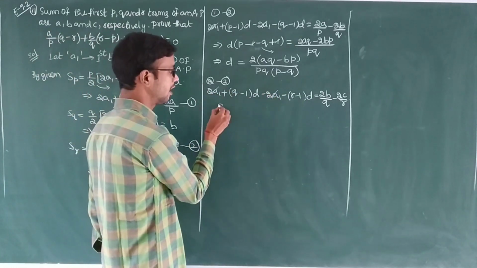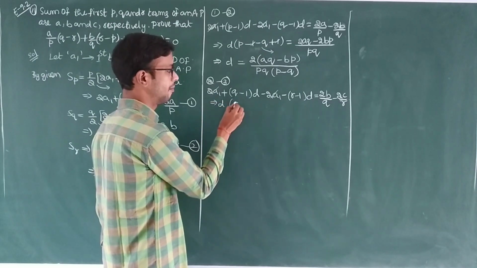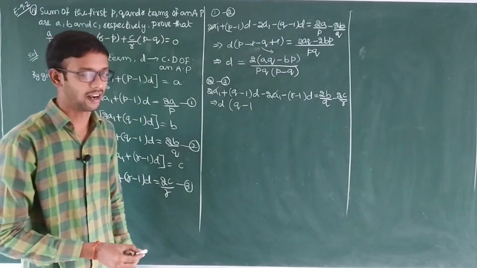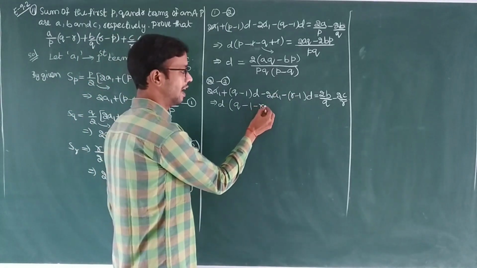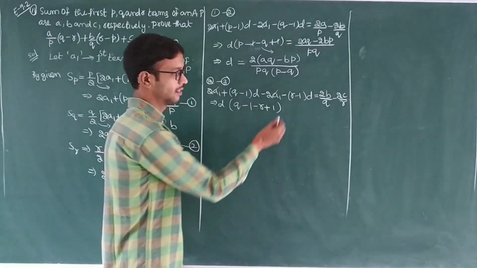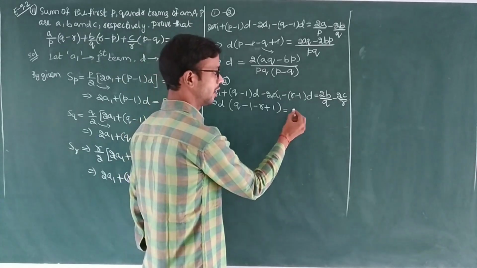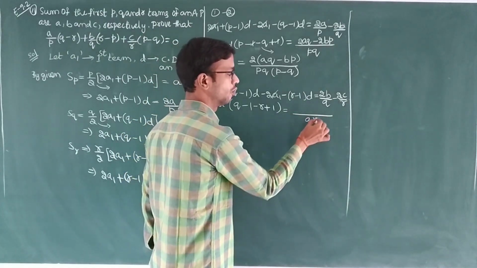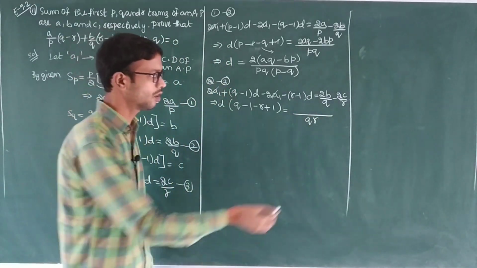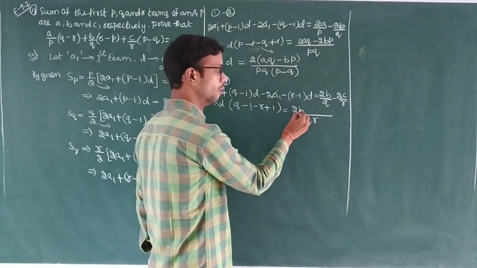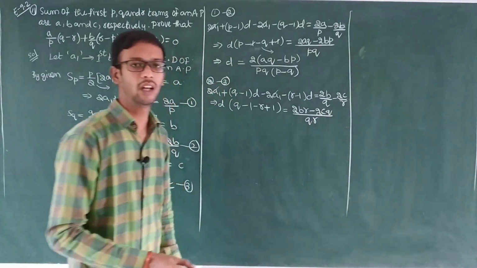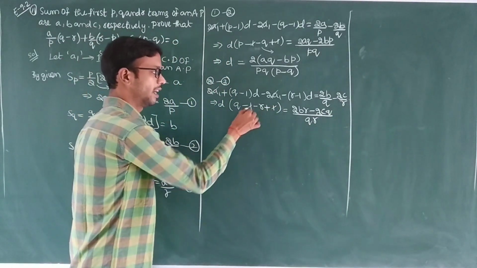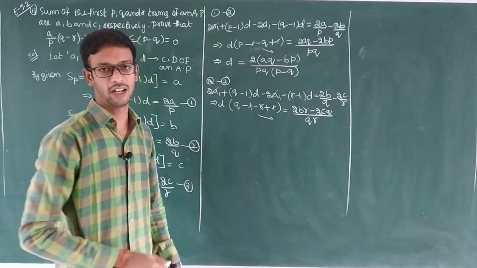Now d is the common value. Taking it common, Q minus 1 multiplied inside minus R plus 1 is equal to, taking the LCM, QR. So cross multiply: 2BR minus 2CQ. Here plus 1 minus 1 get cancelled, and send to the denominator.